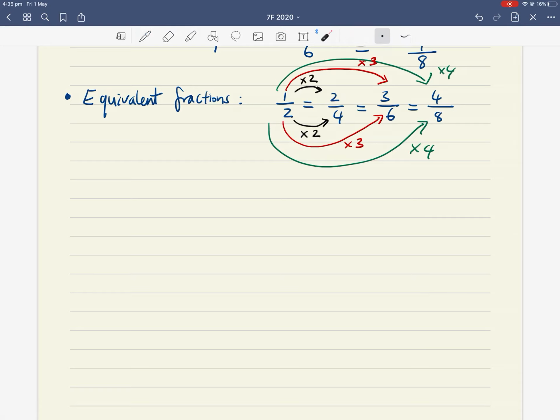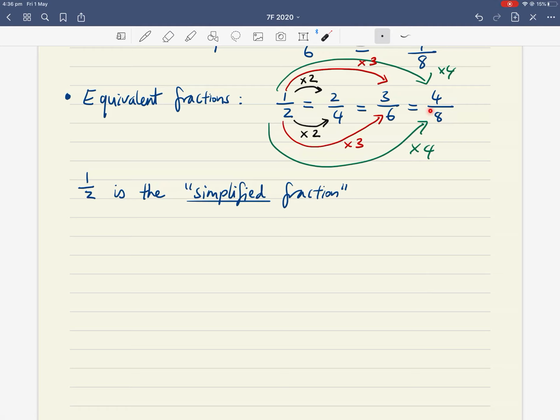Out of these 1/2, 2/4, 3/6, 4/8 equivalent fractions, we say that 1/2 is the simplified fraction. So the word here is simplified. Even though they're all the same fraction, 1/2, 2 out of 4, 3 out of 6, 4 out of 8, 1/2 is called the simplified fraction because there are no common factors between the top and bottom. If you consider 4 eighths, both 4 and 8 are divisible by 4.